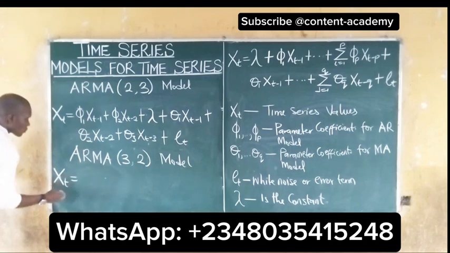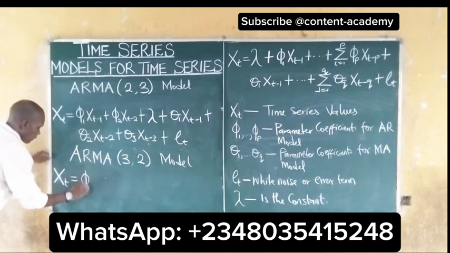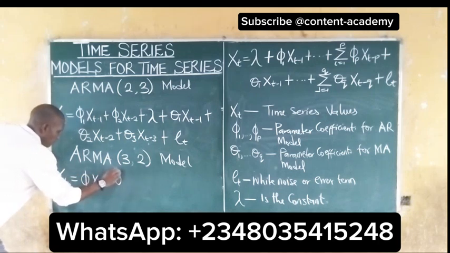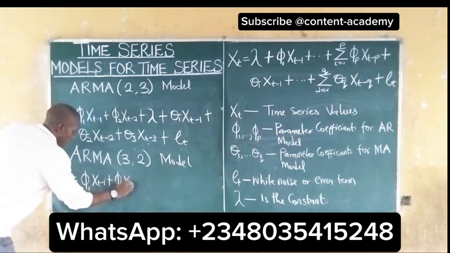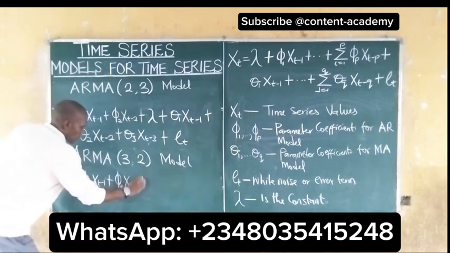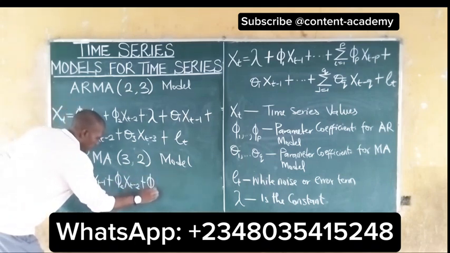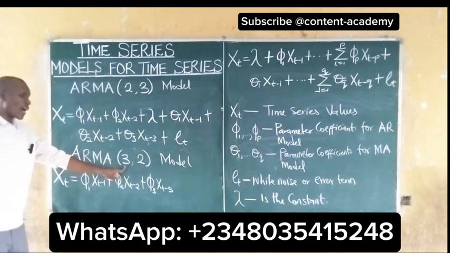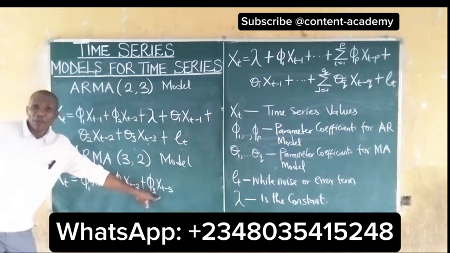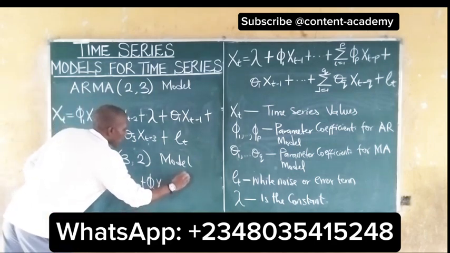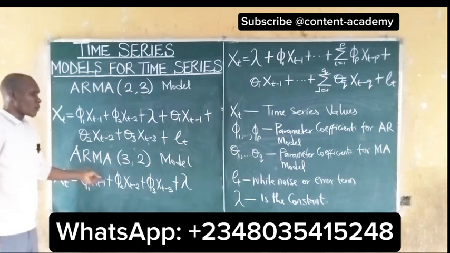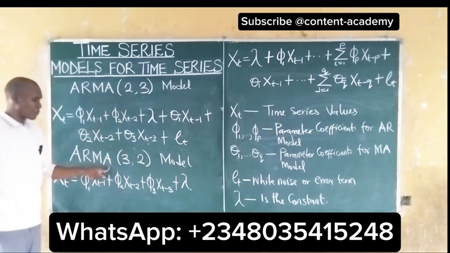x_t is equal to phi 1 x_(t-1) plus phi 2 x_(t-2) plus phi 3 x_(t-3). This is because we have it of order 3, that is why we stop at 3, plus our constant lambda. Then we continue with the moving average part.